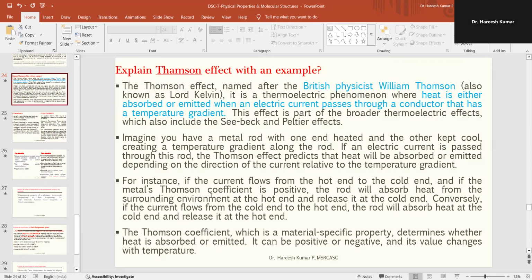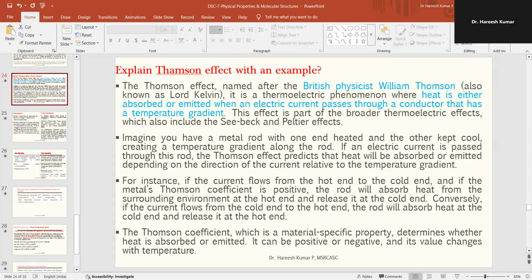For instance, if the current flows from the hot end to the cold end, and if the metal's Thomson effect is positive, the rod will absorb heat from the surrounding environment at the hot end and release heat at the cold end. Conversely, if the current flows from the cold end to the hot end, then the rod will absorb heat at the cold end and release it at the hot end.